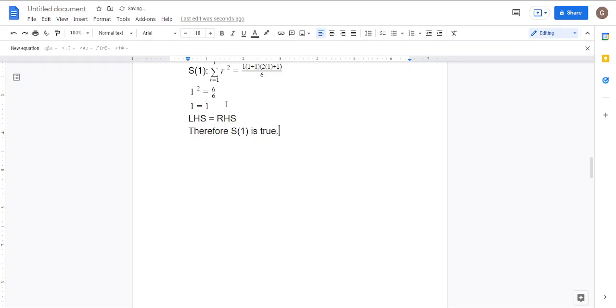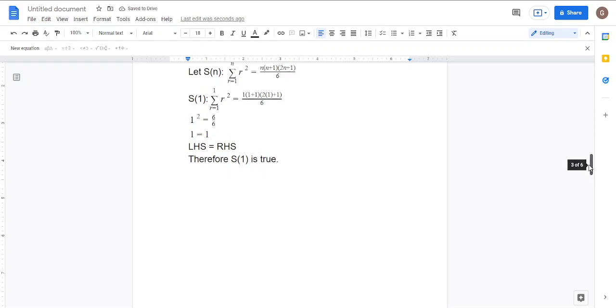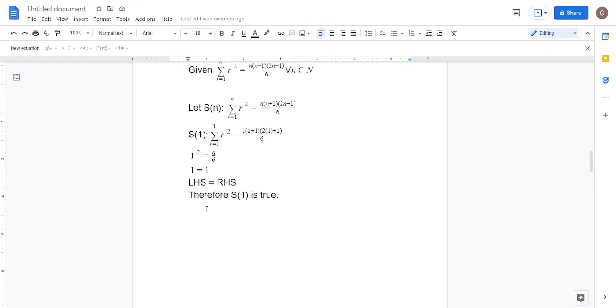Okay, so what do we have to do next? Would we replace 1 with k? Yes, please. So we would make our assumption basically. As you said, we replace n with k. So looking here now, we're going to replace all the n's with k.